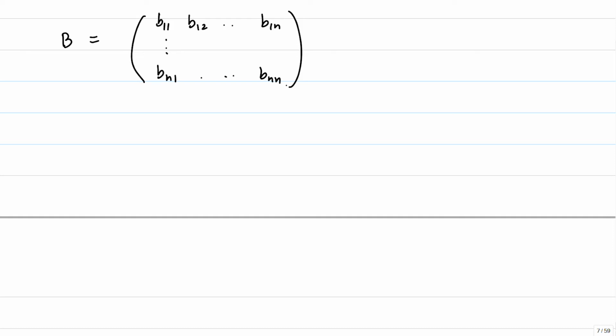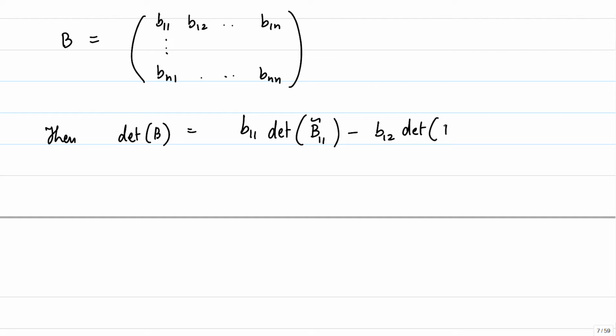Now let's look at the cofactor expansion to calculate the degree of the determinant of B. The cofactor expansion of B can be written in the following manner. Determinant of B will just turn out to be equal to B11 times determinant of B11 tilde minus B12 times determinant of B12 tilde, and so on.